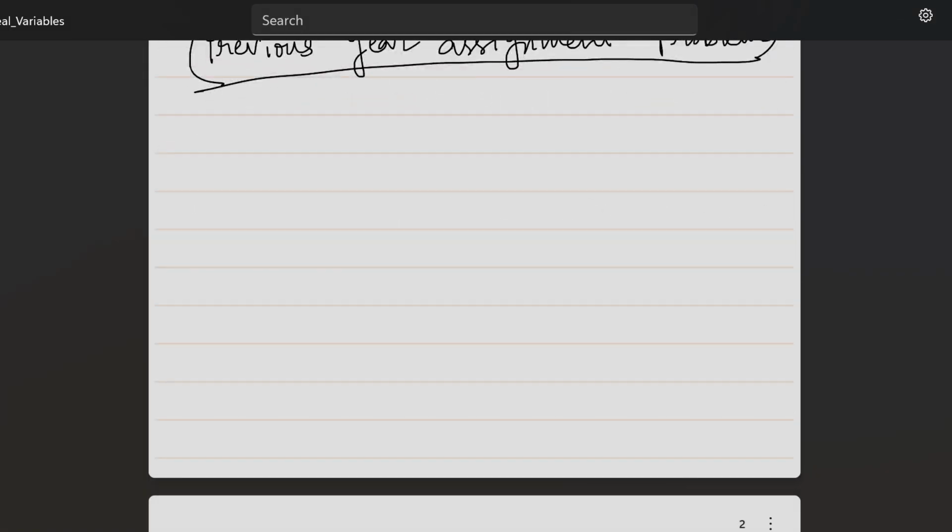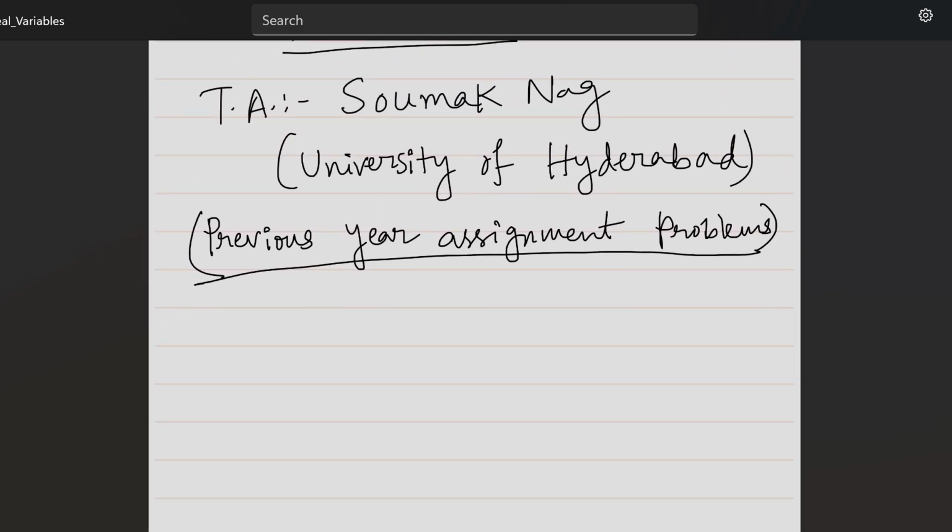So the first thing is question number 1. Center of mass and moment of inertia. I hope that you know about center of mass and moment of inertia from the lecture.